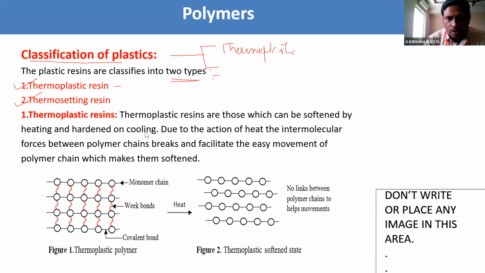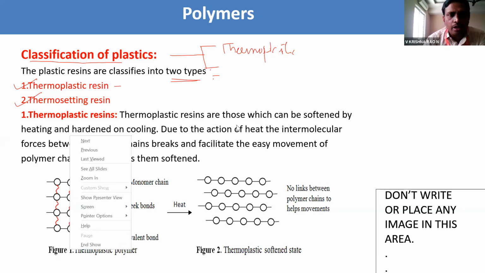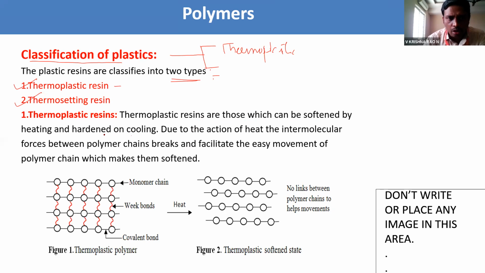On heating, the thermoplastic forms a soft material, and on cooling, it forms a hard one. Due to the action of heat, the intermolecular forces between the polymer chains break down and facilitate the easy movement of the polymer chains, which makes the plastic soften.